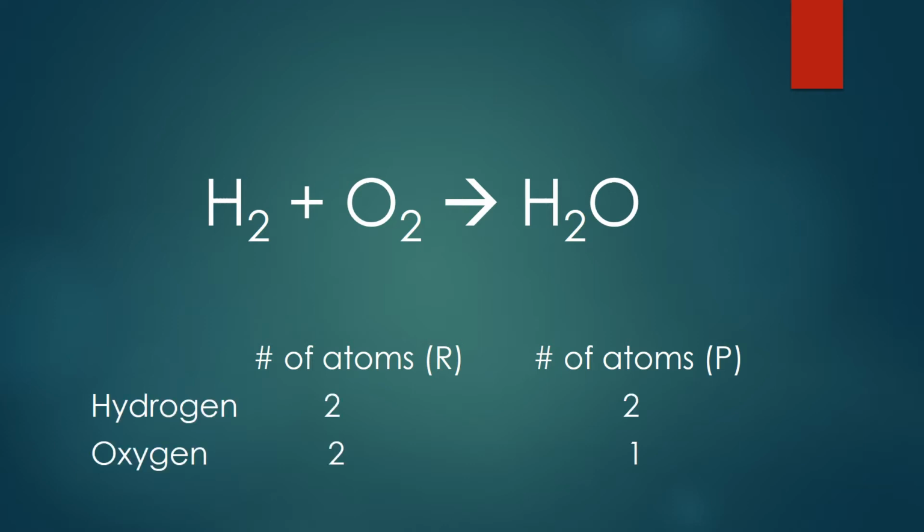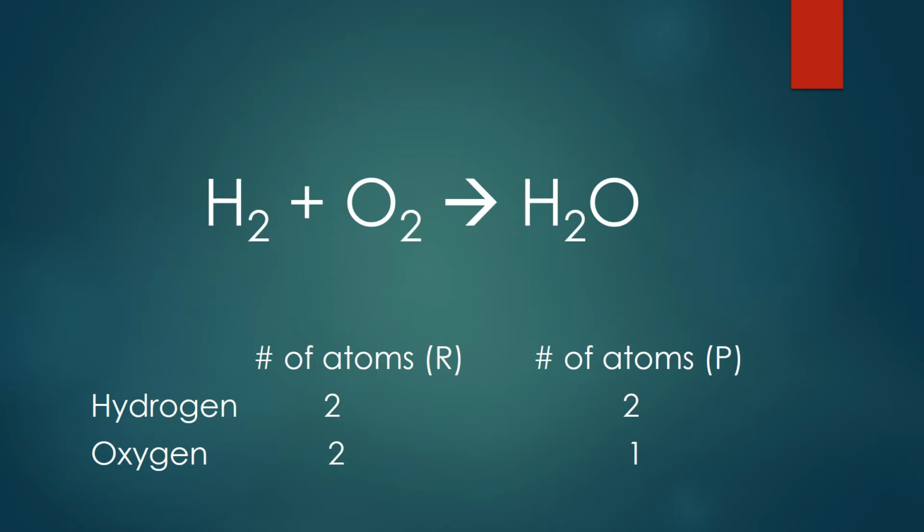I have 2 hydrogen atoms in the reactants, 2 in the products, 2 oxygen in the reactants, and 1 in the products, which we have already mentioned on the slide before. So I'm going to start by trying to balance my oxygens here, because that's what is uneven so far. I know that I have 2 oxygens on the reactant, and I have 1 on the products.